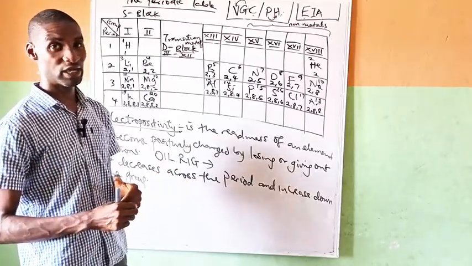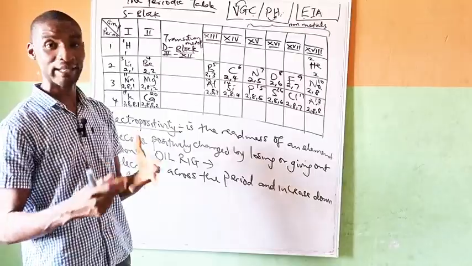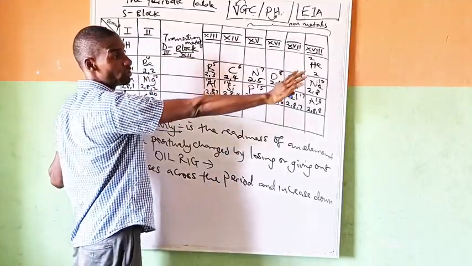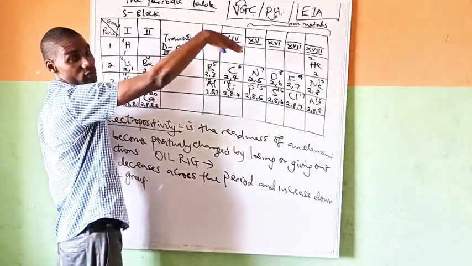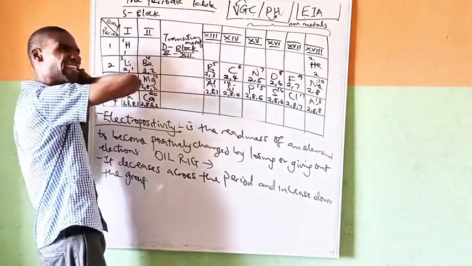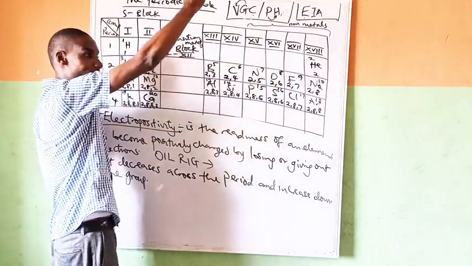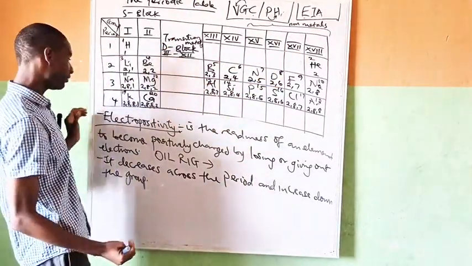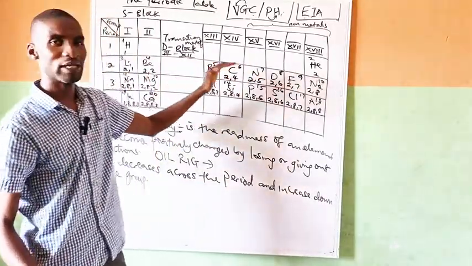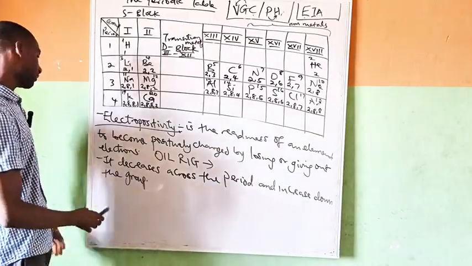It doesn't have to give you a headache. For example, electronegativity, ionization energy, and electron affinity are all increasing across the period and decreasing down the group. While electropositivity is decreasing across the period and increasing down the group.